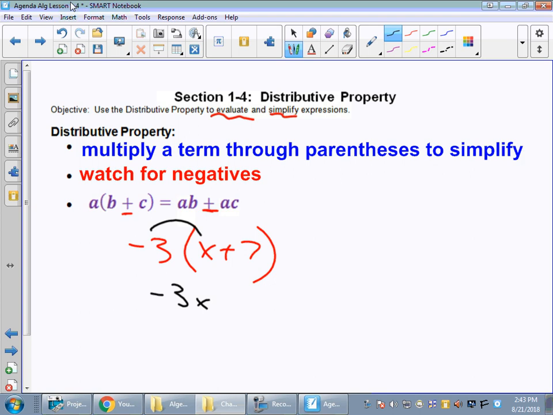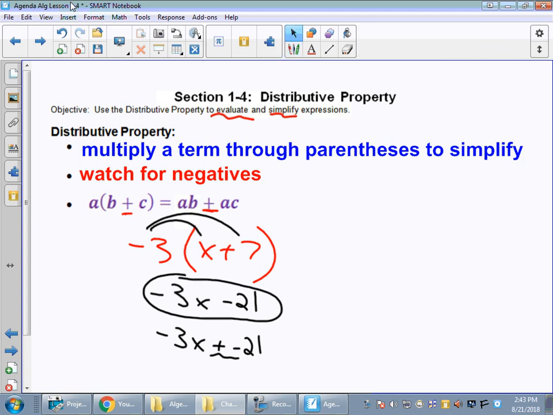And then the second number, negative 3 times 7, would give us negative 21. And you could be done there. We talk about it being the sum because technically this would be negative 3x plus a negative 21, but no one really writes it with the plus negative, so we can just go ahead and use this version right here. So that's your distributive property.